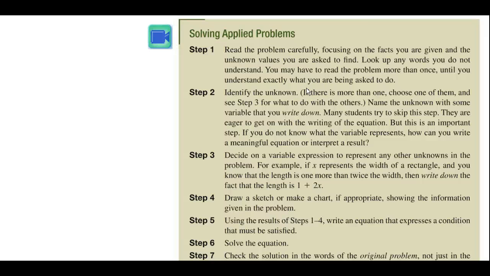And I'll just review it, and you can pause and read it as you do your study in your textbook. The key word first is to read it carefully, focusing on trying to understand what they're asking. And read it again. Next, identify an unknown.